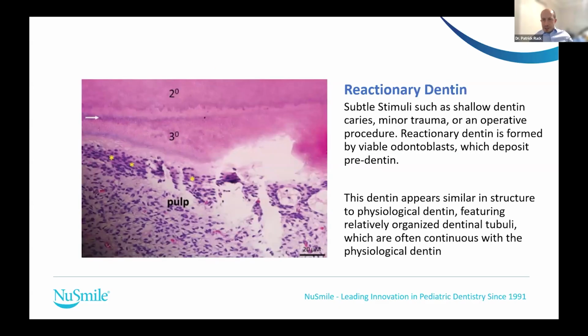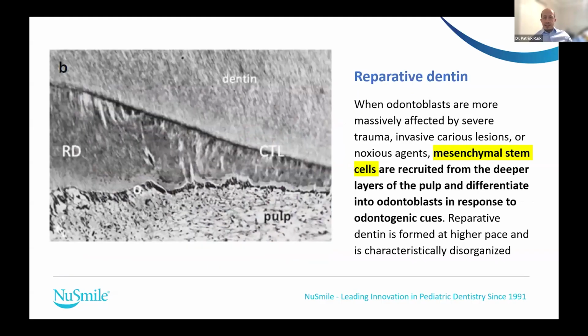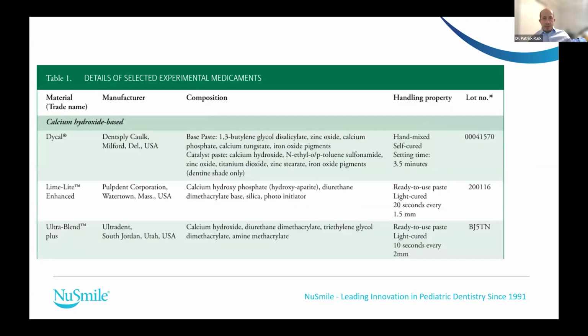So our reactionary dentin to a mild stimulus is very well formed and similar to dentin, whereas our reparative dentin, the way I think about it when I do regenerative endodontics, is kind of like dentin, like the root of the tooth. It's not as well differentiated on a slide when you're taking a look at it, but it makes dentin-like materials.